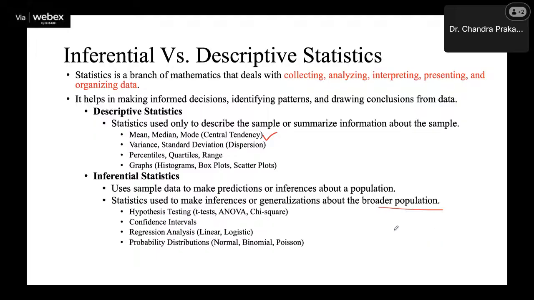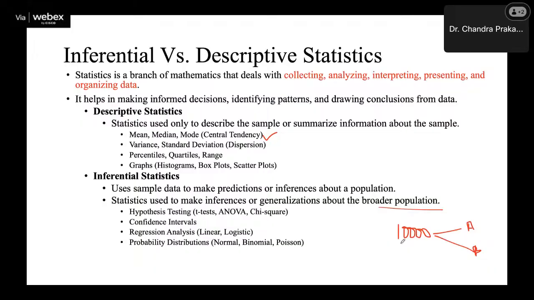Let's say I have taken a sample of 10,000 people. And then we try to see the result, whether they prefer A or B. Then we try to see, can I say that whatever is the result of these 10,000 people is a true representation of my overall population.